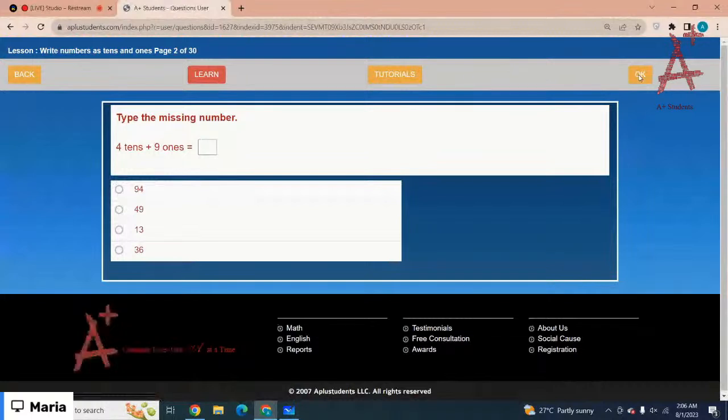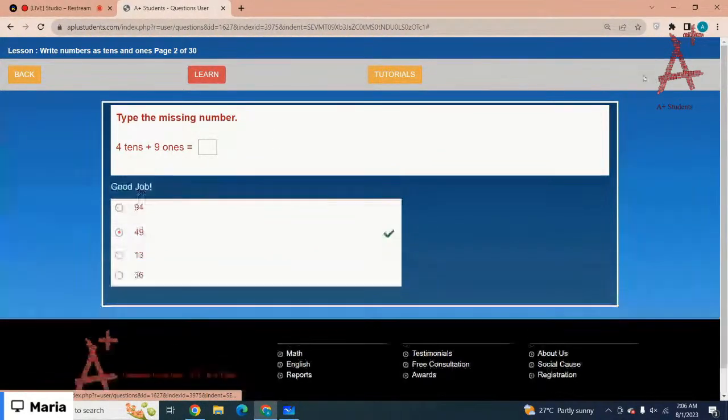If you already know the answers, please write them in the chat box. Four tens and nine ones, that means 9 is at the rightmost position. Then you have 4, so together they make 49, right? The correct option is 49.